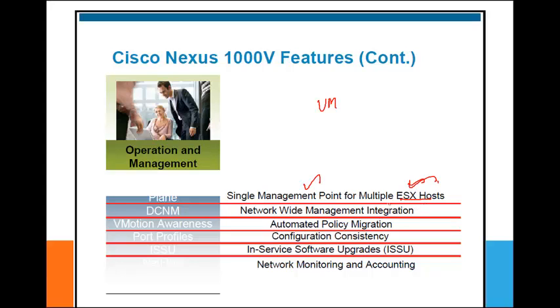From a single machine I can control multiple physical hosts which have a lot of VMs in them. Multiple physical hosts with multiple VMs on them, I can configure from one point. How many? You will get the answer on the third day. How many ESXi can I control from one single point? It's really very big.